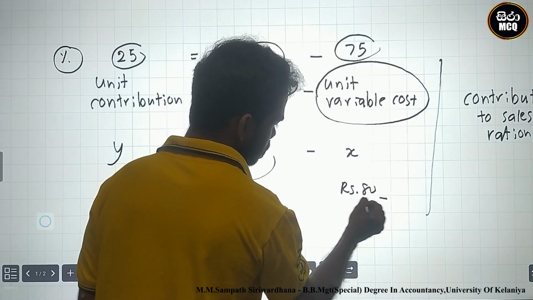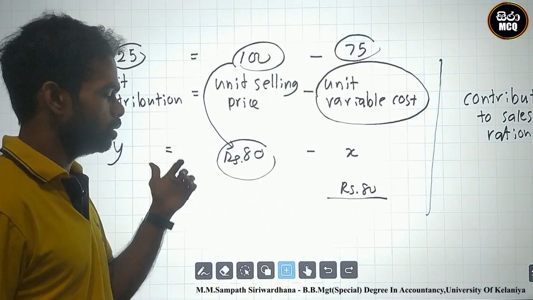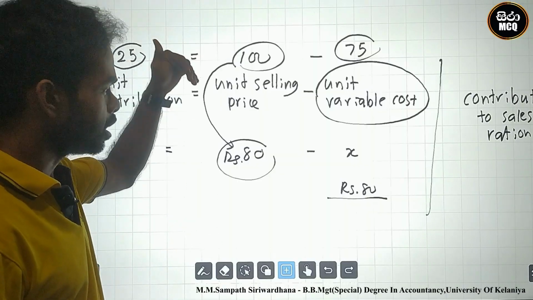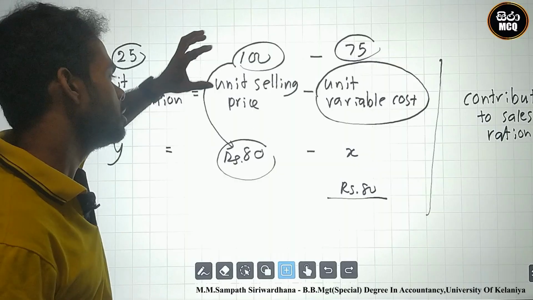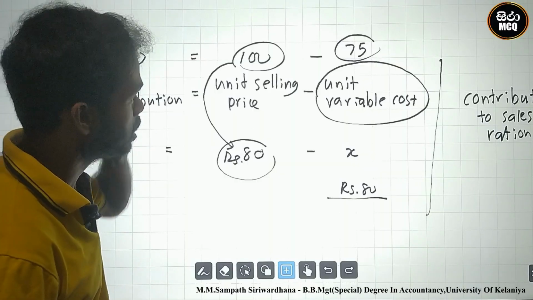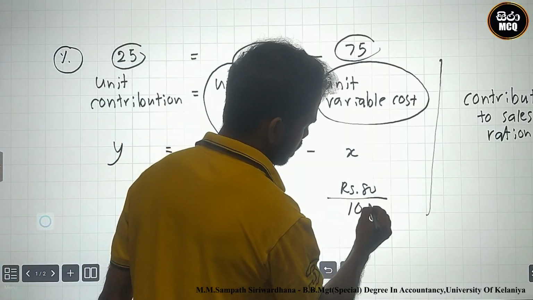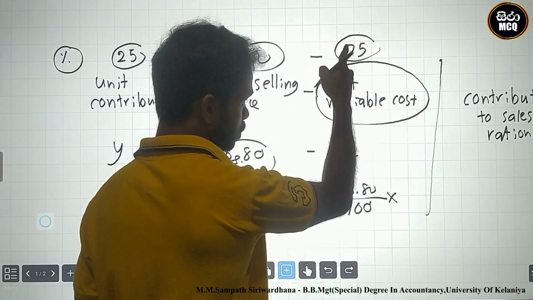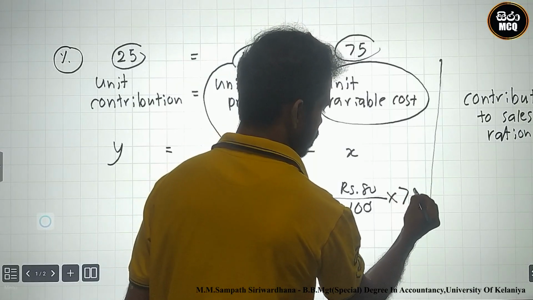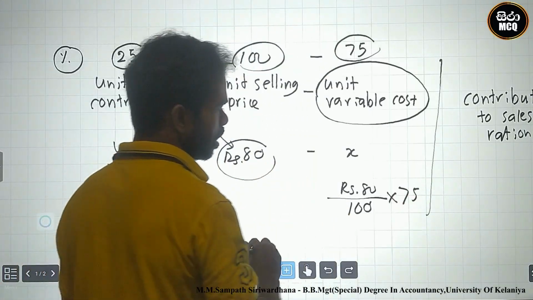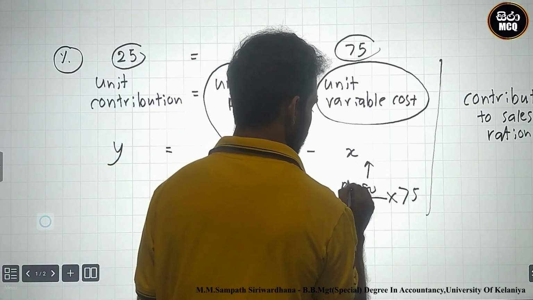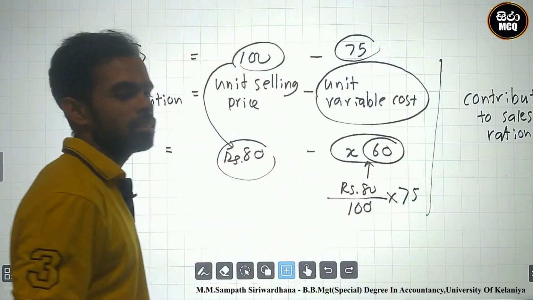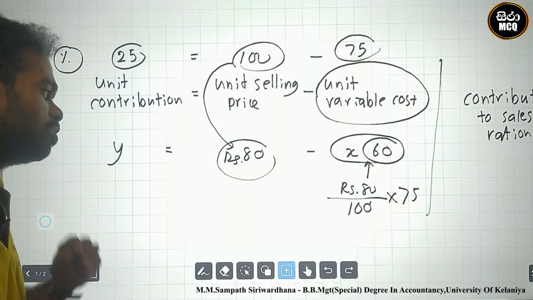Rupees 80 is the actual amount, divided by 100, the percentage amount, multiplied by our requirement, 75, the unit variable cost percentage. The answer is 60. 60 is the same as x, where x means the unit variable cost.